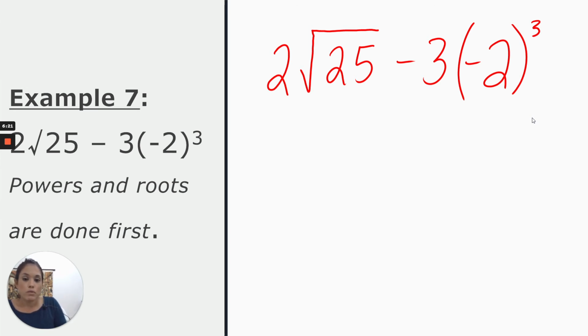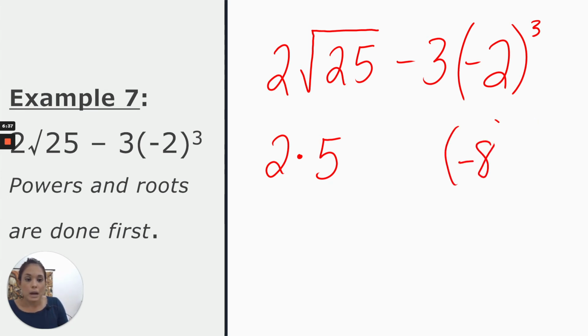The square root of 25 is 5. So this is 2 times 5. Now let's take care of this -2 to the third power. -2 to the third power is -8. I'm going to put this back in parentheses and a -3. Let me rewrite this a little bit neater.